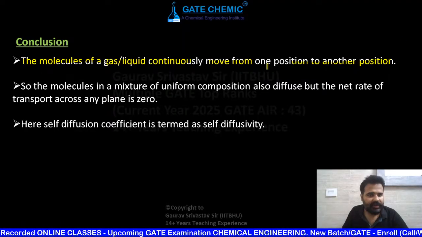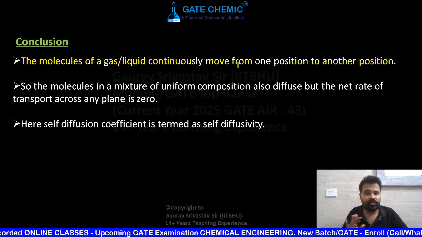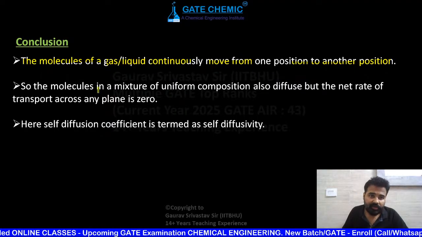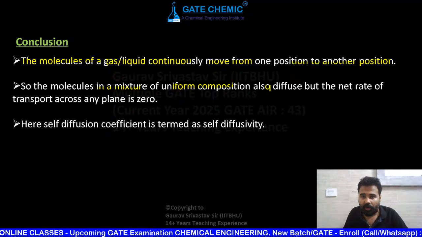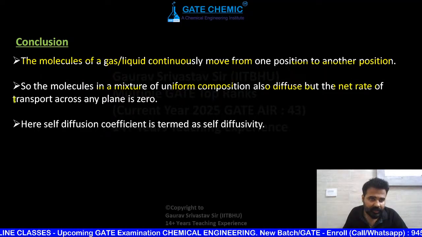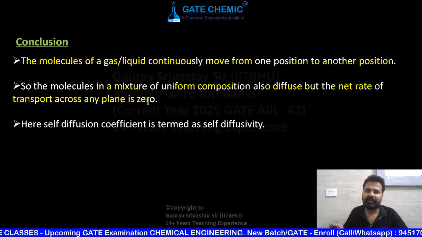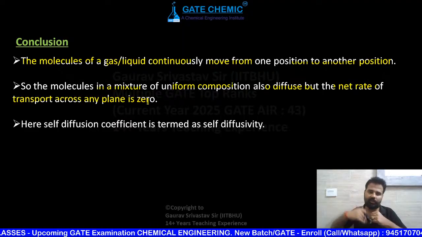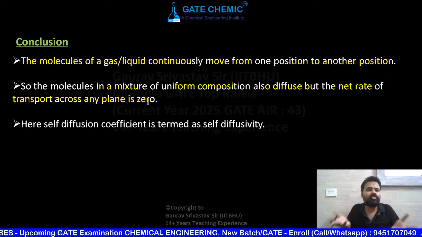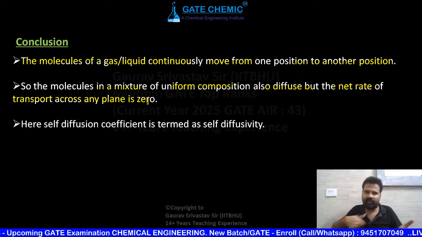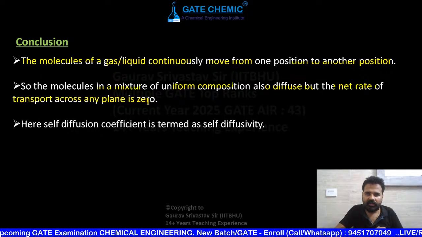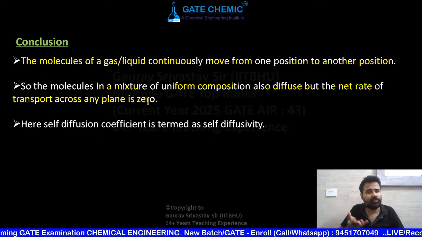The molecules in a mixture of uniform composition also diffuse, but the net rate of transport across any plane is zero. मतलब क्या, इधर से 20 उधर जाएगा तो 20 उधर से इधर को आ जाएगा, तो नेट ट्रांसफर कहीं से कुछ हो ही नहीं रहा है, because everywhere the same molecule is present. There is no concentration gradient, so net transport is zero.